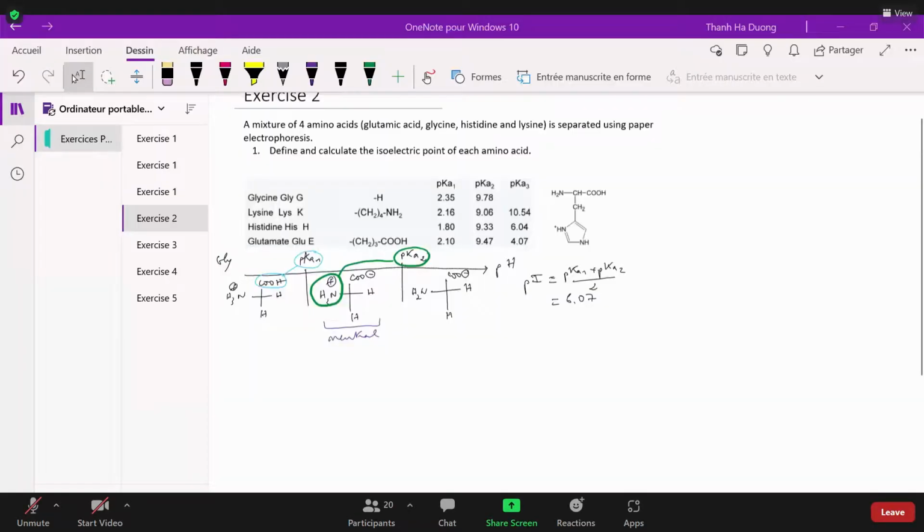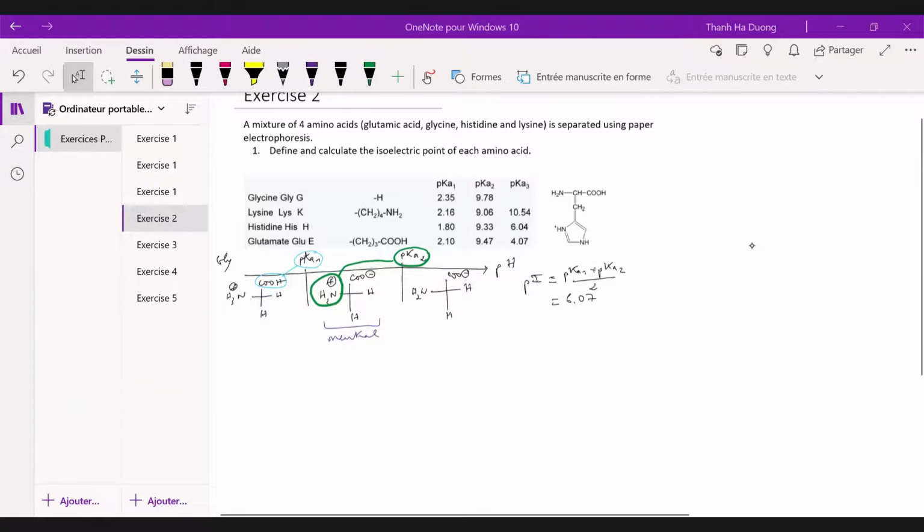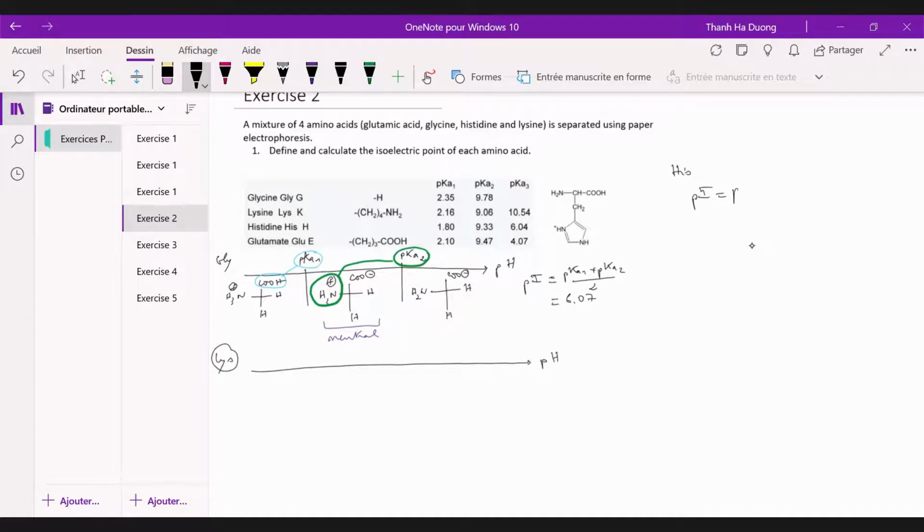Histidine, we said that it was pKa2 plus pKa3 over 2, and it's equal to 7.669. Okay. Here, for lysine, we have 3 pKa.